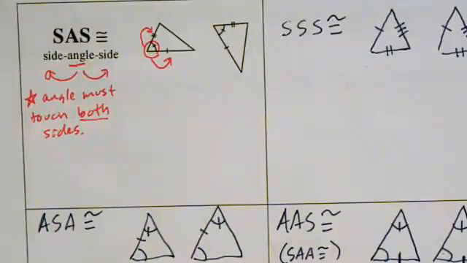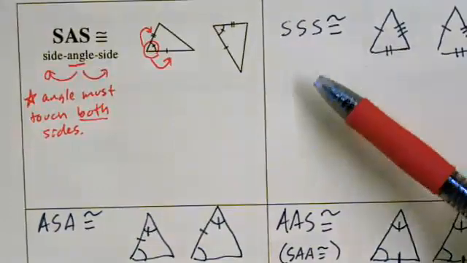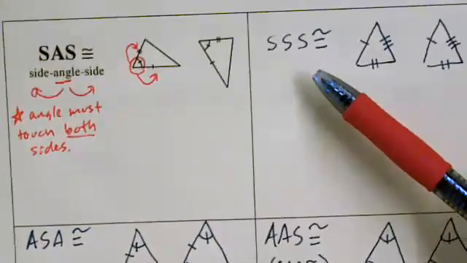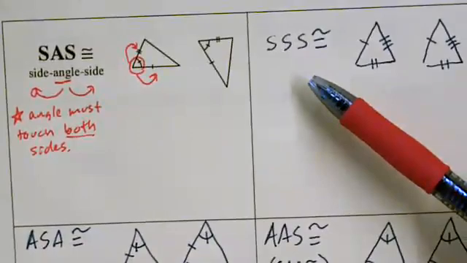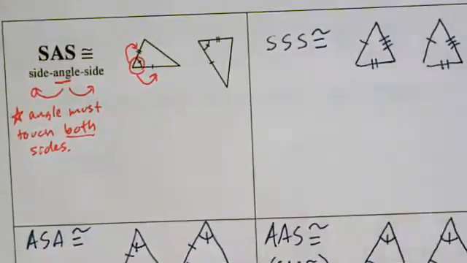So that was probably the biggest tricky thing in chapter 3 when it came to these shortcuts, these conditions. We had SSS in chapter 3 also, but you guys didn't get tripped up by SSS that much. It's pretty straightforward, right? You got all 3 of the sides or you don't. Nothing really tricky about that.